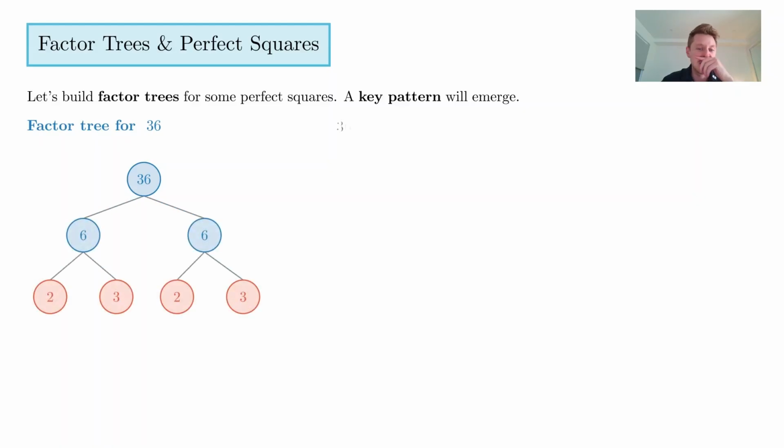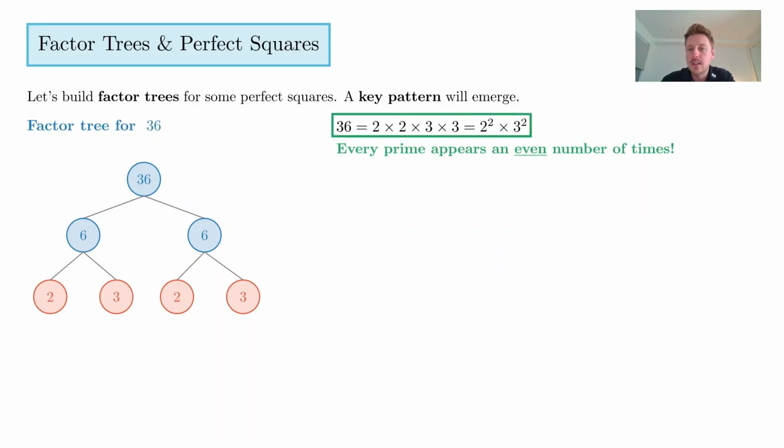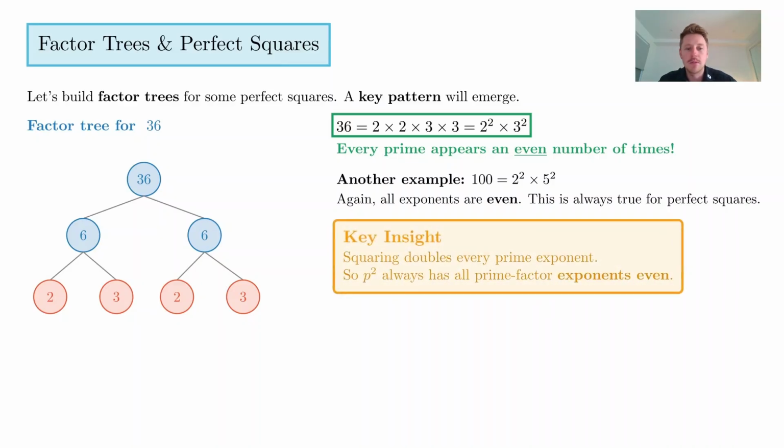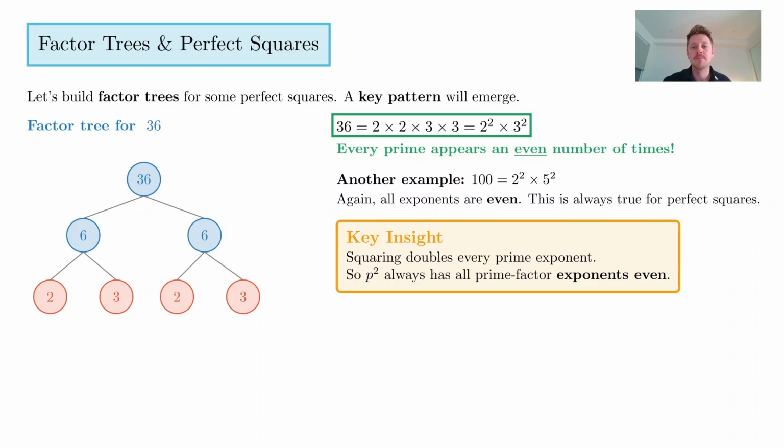But let's go back a step and think about some factor trees you might be familiar with. If you look at a factor tree for the number 36, now 36 is a perfect square because it's 6 times 6. And then each side of the factor tree can be broken up into 2 times 3 and 2 times 3, right? So every prime appears an even number of times.